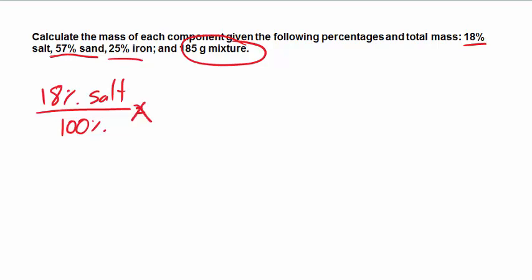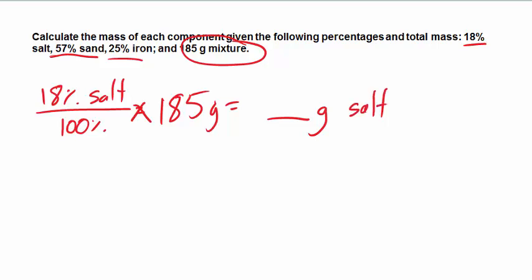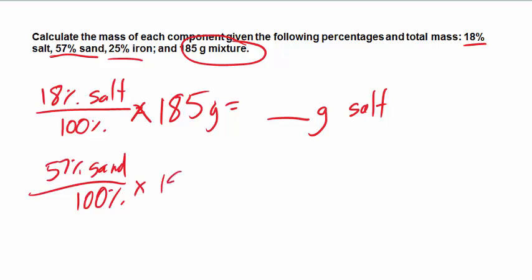We multiply by the total, and we get our grams of salt. You do the same thing for sand, 57% sand, divided by 100 to get the decimal. You multiply by 185 grams total, and you get the grams of sand.